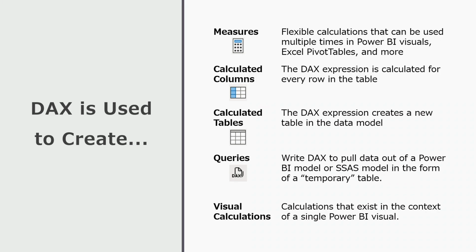But calculated columns are really helpful because they're a great way to start writing DAX. We're going to look at a calculated column in just a moment. Not only can we add a column to a table, that's what a calculated column is, we can actually write DAX to create an entire table within our semantic model.